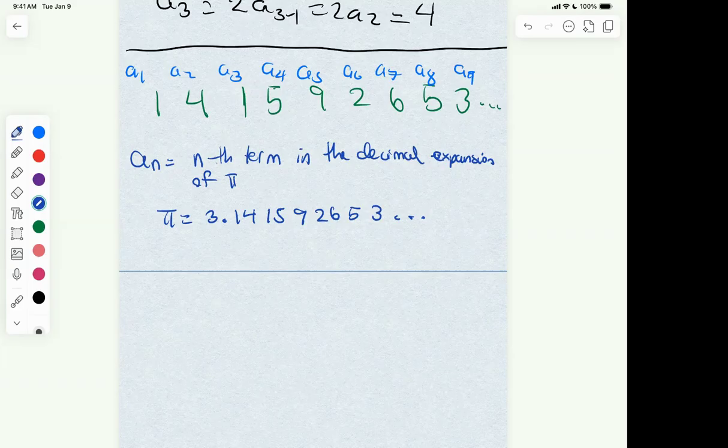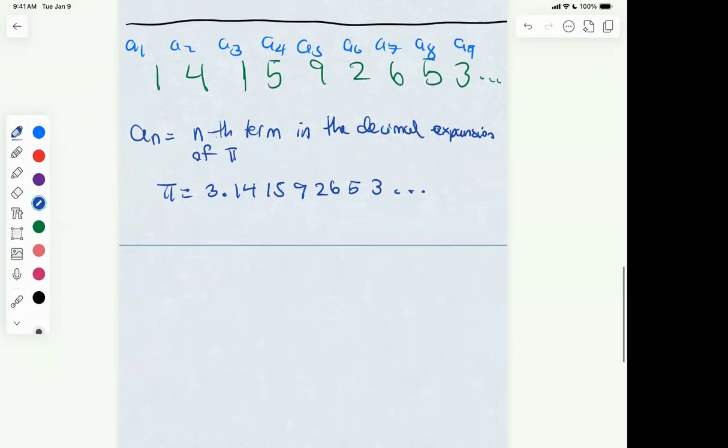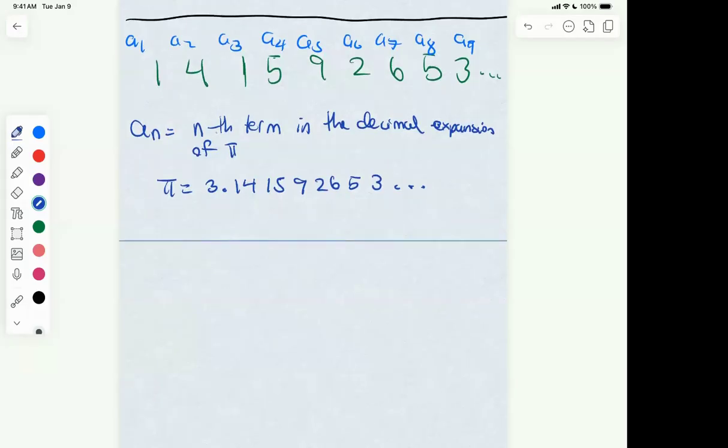In fact, there is a sense in which most sequences don't have a pattern. That's related to complexity theory in computer science. Most sequences don't have a formula, and you can make that more precise, but it's very special if you can find a formula for a sequence.